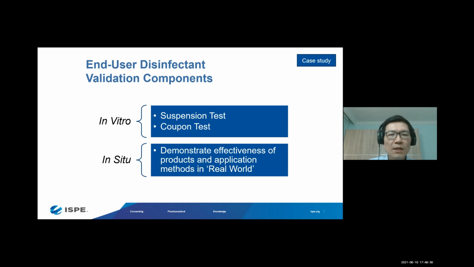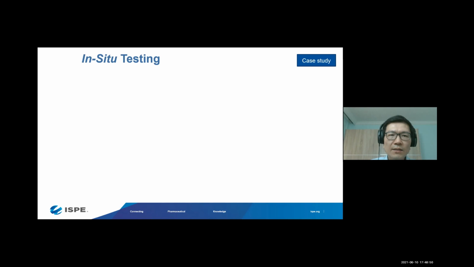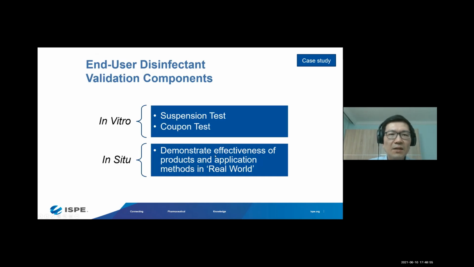After the end user passes the coupon test, then they can start to use the disinfectants in the actual cleanroom, and this will go into the in-situ test. In the in-situ test, this can involve the use of environmental monitoring data during the worst case events to demonstrate the effectiveness of the products and the application methods in the real world.